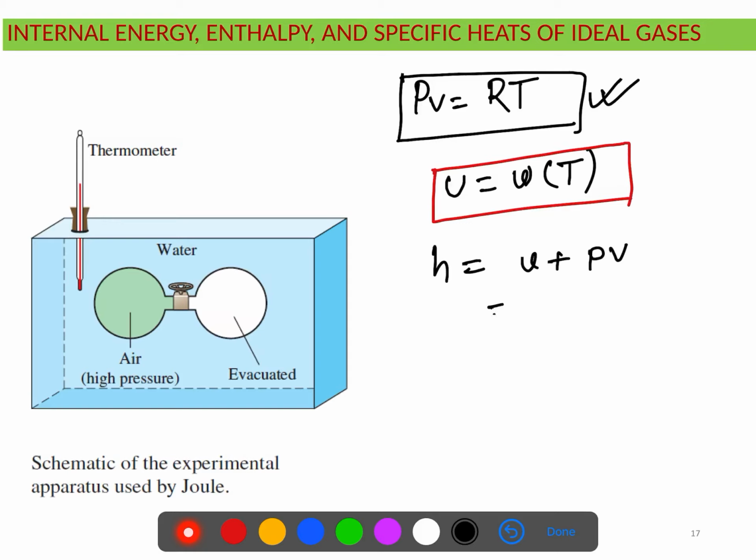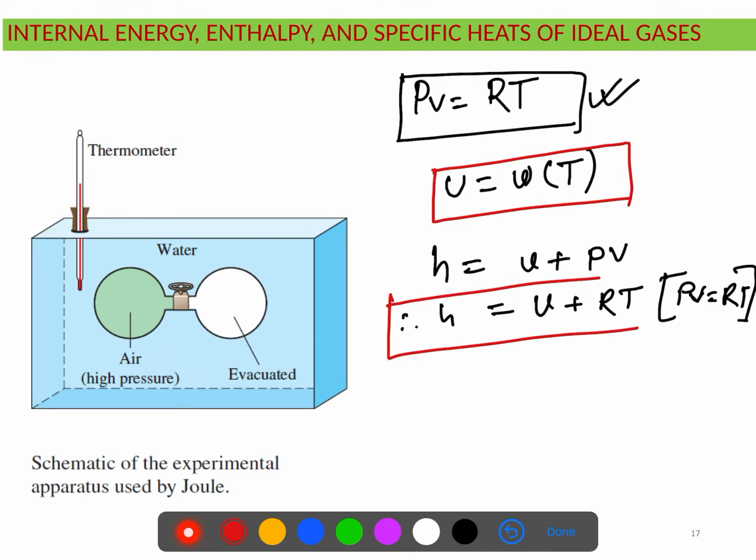So if we substitute this value, we get h equals u plus RT.